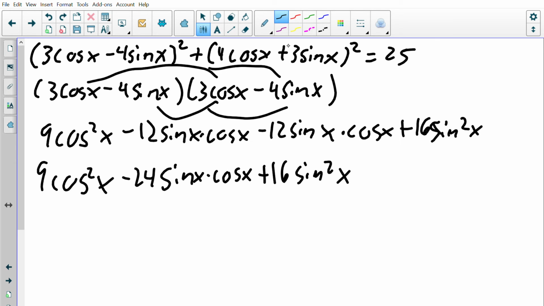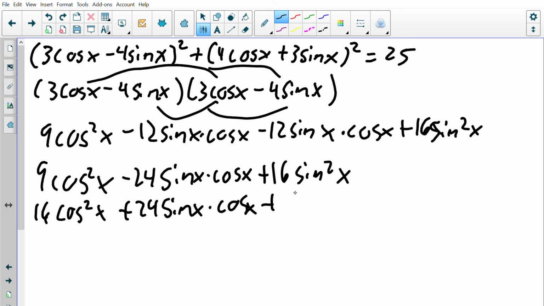Okay, and then I would do the same thing for here, write it twice and FOIL, and when I did that, I got 16 cosine squared x plus 24 sine x times cosine x plus 9 sine squared.